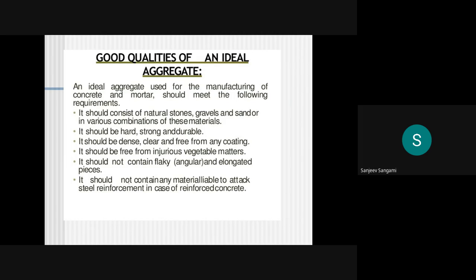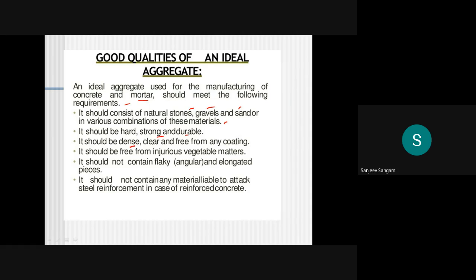So what exactly is the good quality of an ideal aggregate? An ideal aggregate used for the manufacturing of concrete and mortar should meet the following requirements. First, it should consist of natural stones, gravels and sand in various combinations of these materials. It should be hard, strong and durable.